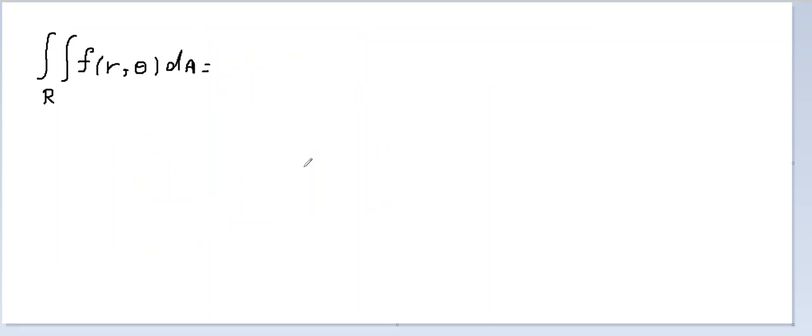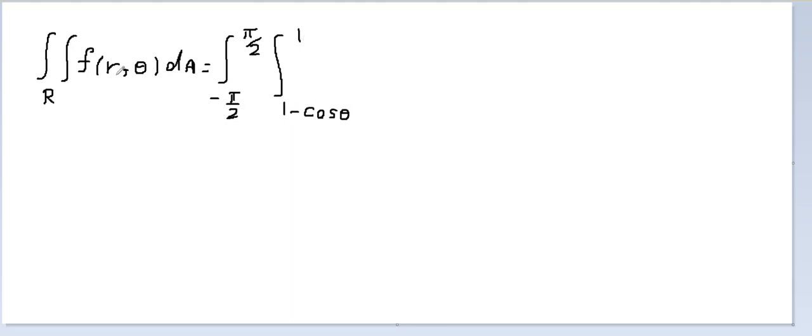So here we have the integral, for theta from minus pi over 2 to pi over 2, and this is for r from 1 minus cosine theta to 1.